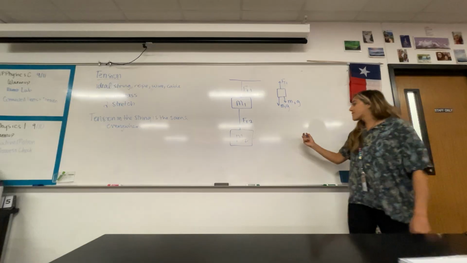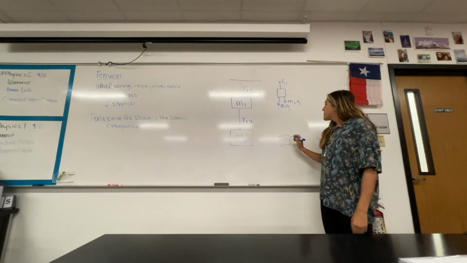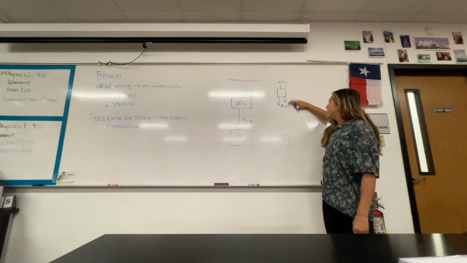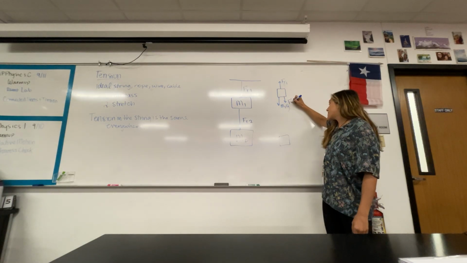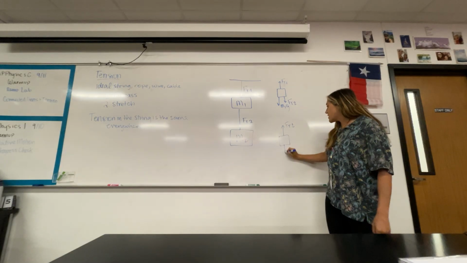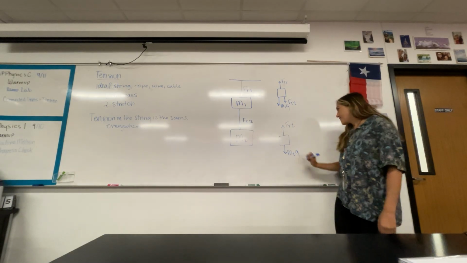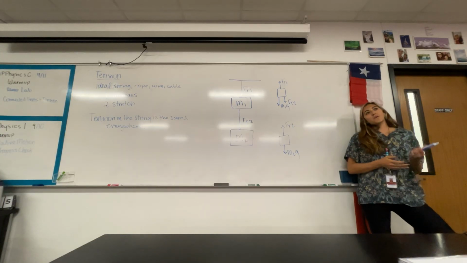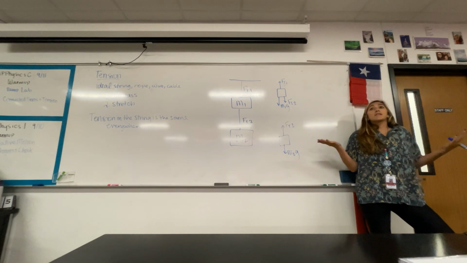If I did the same thing for block 2, it also has, I have to technically write it this way, FT2. And the way I know FT2 is M2G is because of that guy. So in reality, that's what it is. I cheated a little bit and said that it was just the weight, which it is because it's an ideal string.